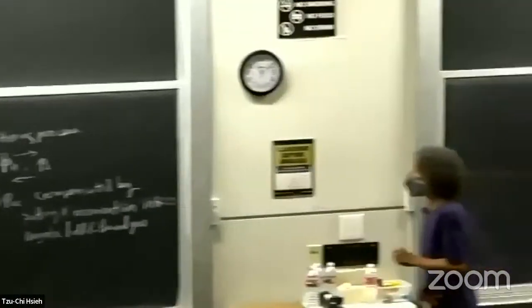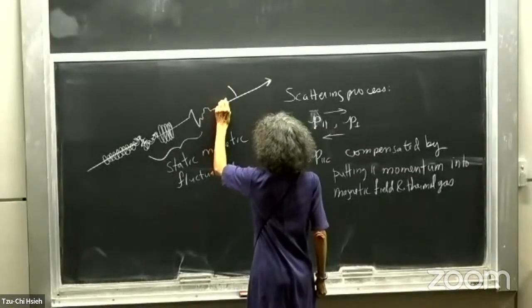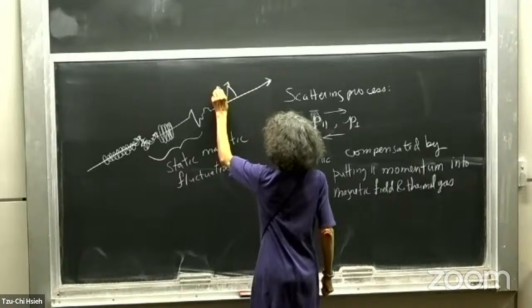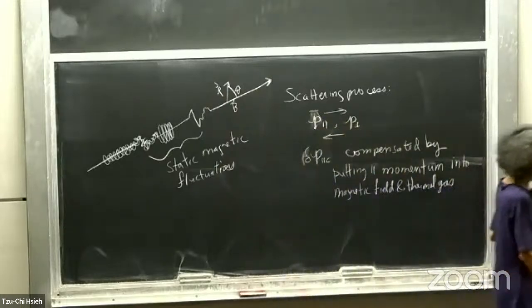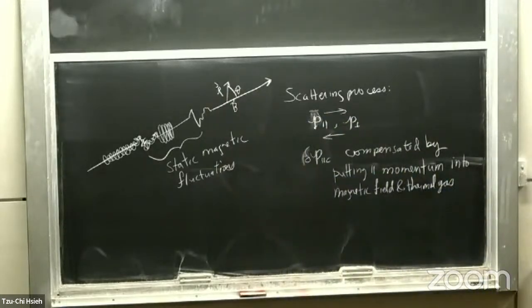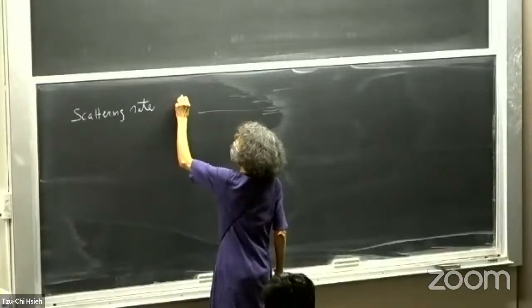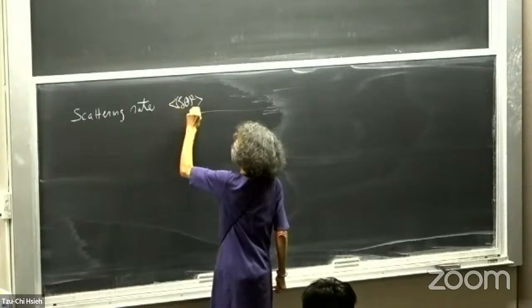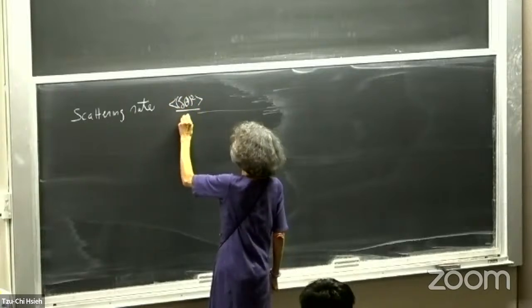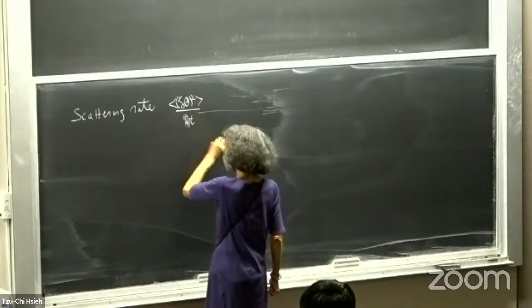So let the angle between the particle momentum and the mean magnetic field be called theta. And then there's a scattering rate, which we can write schematically as the mean of delta theta squared over some representative delta t.